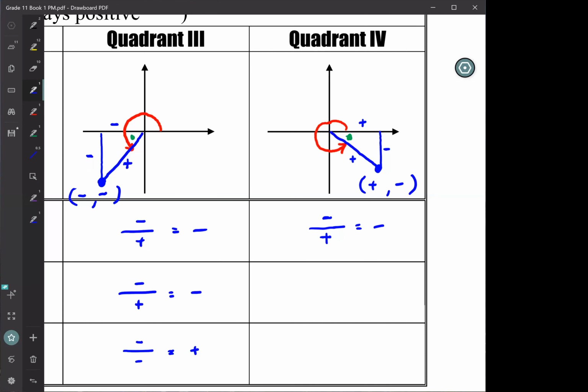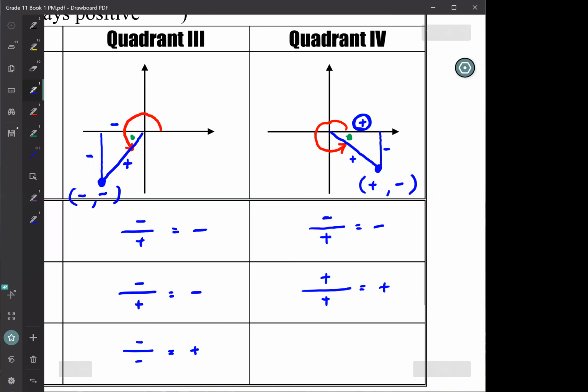Adjacent is positive. Yeah, adjacent should be positive, the one I circled right now. Positive over hypotenuse, right? Hypotenuse is always positive, okay?